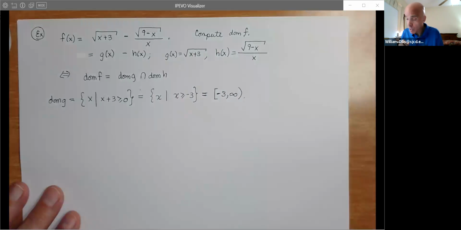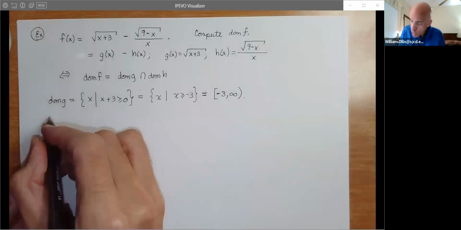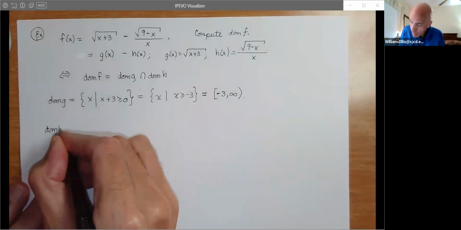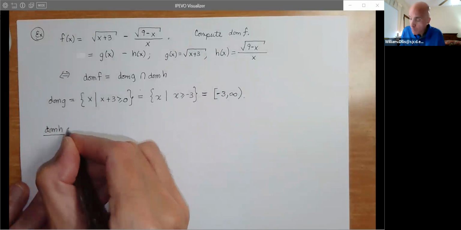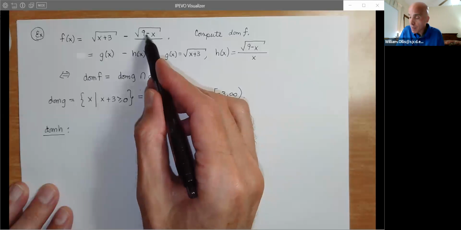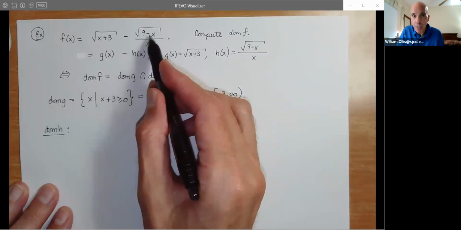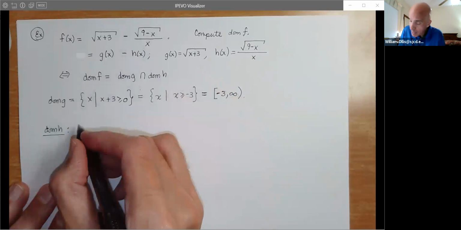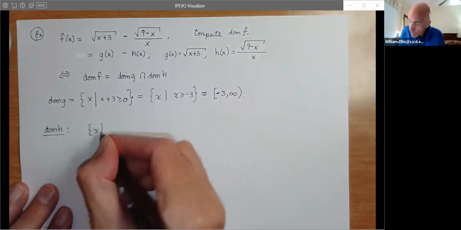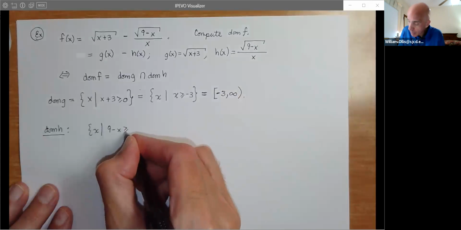Now, what we want to do is think about what we have here. So what about the domain of H? Well, first off, we see that the part up here is going to give us a few issues. That is, we first need all x such that 9 minus x is non-negative.